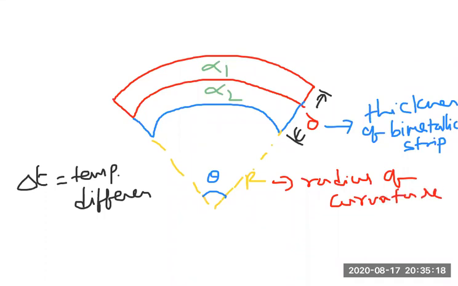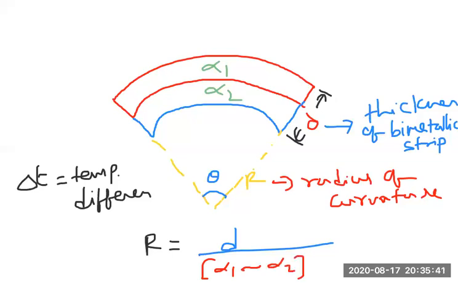We don't know which alpha is greater here. Generally from the diagram it may cool or expand; there is no condition here, any condition can be there. We don't know which is brass and which is steel, so just take a condition for any one. So the formula I can write here is R equals D divided by (alpha 1 minus alpha 2), the difference in coefficients of linear expansion, into delta T. As we don't have sufficient time to derive this now, I am just giving that formula.